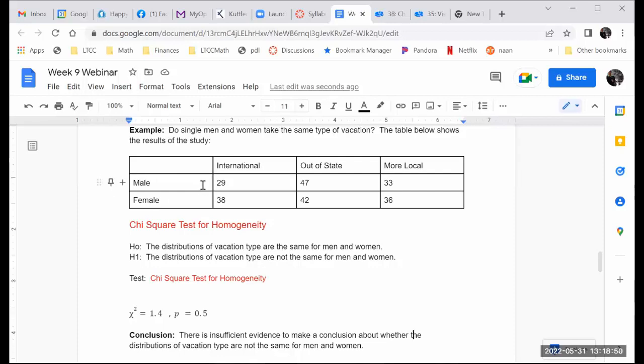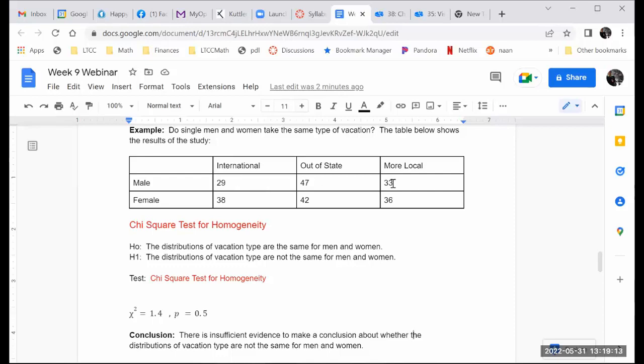And then you could look at the proportion of the whole population that's international. Is that clear? Well, then we could say, what about the proportion of males who are international? Is that close to what we expected if men and women are the same and we looked at the whole proportion? And then we could do the same in out of state and the same in more local.